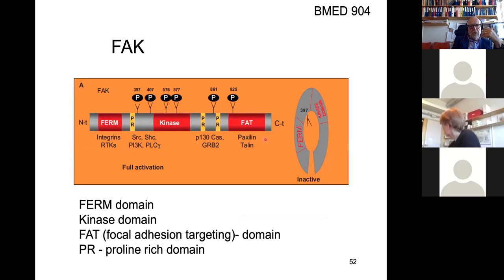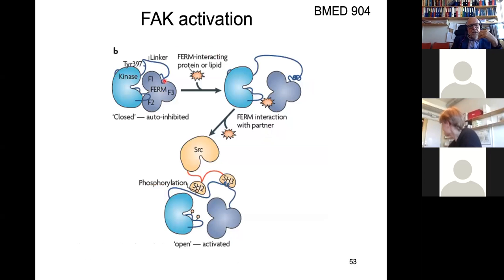We don't have time to go into the different domains, but this is also an auto-inhibited kinase that can be activated, and when it becomes activated, it becomes autophosphorylated on tyrosine 397. And this leads to the association with SRC, which is another tyrosine kinase that continues, together with focal adhesion kinase, to phosphorylate downstream targets.